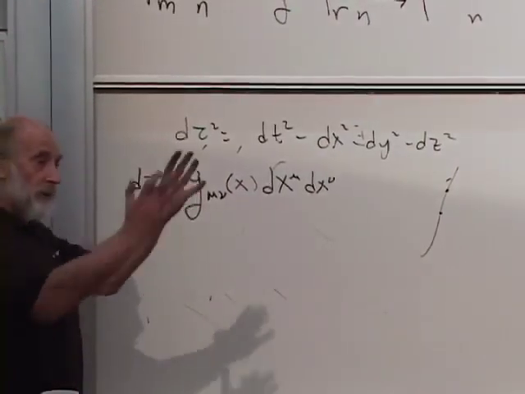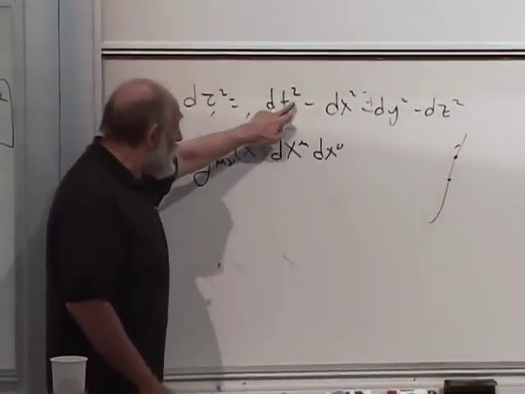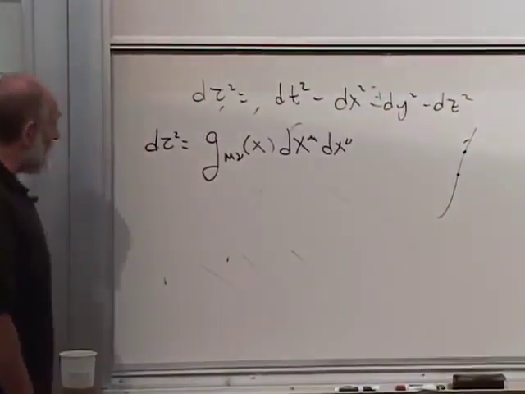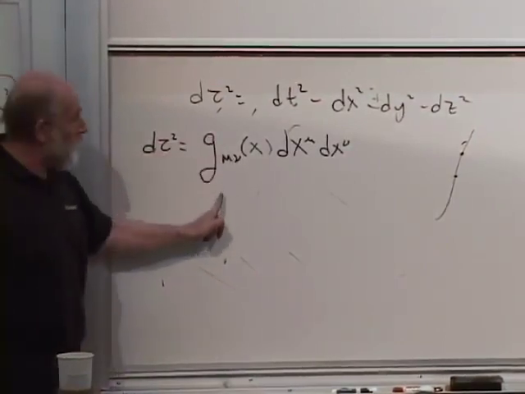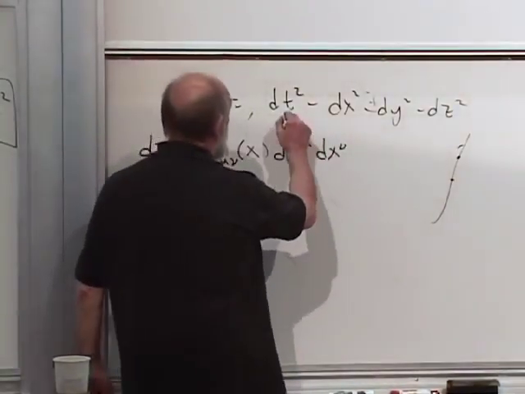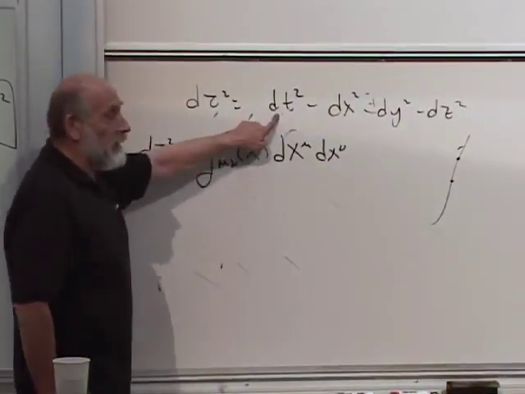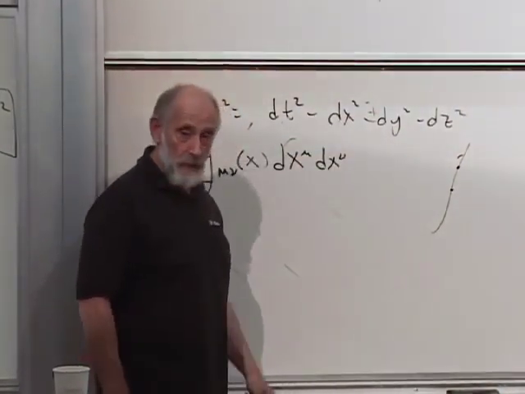Just like Cartesian coordinates are not unique, you can rotate them, you can translate them, you can Lorentz transform Minkowski coordinates. What's the Minkowski form for the metric tensor? Well, it's clear. It's of the form 1 for the dt squared and -1, -1, -1 for the dx squared.